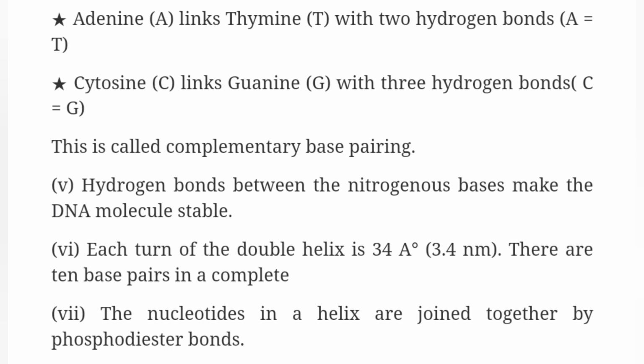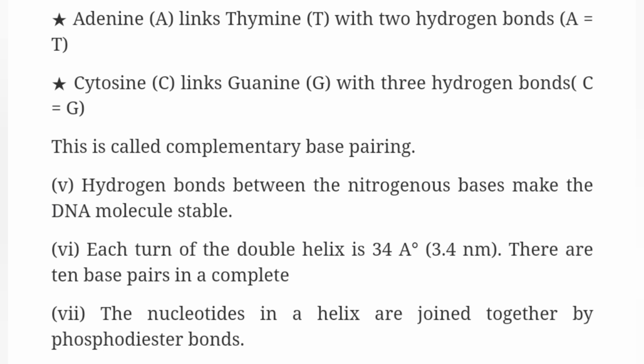Next, fifth point. Hydrogen bonds between the nitrogenous bases make the DNA molecule stable. Sixth point. Each turn of the double helix is 34 angstrom, 3.4 nm. There are 10 base pairs in a complete turn.